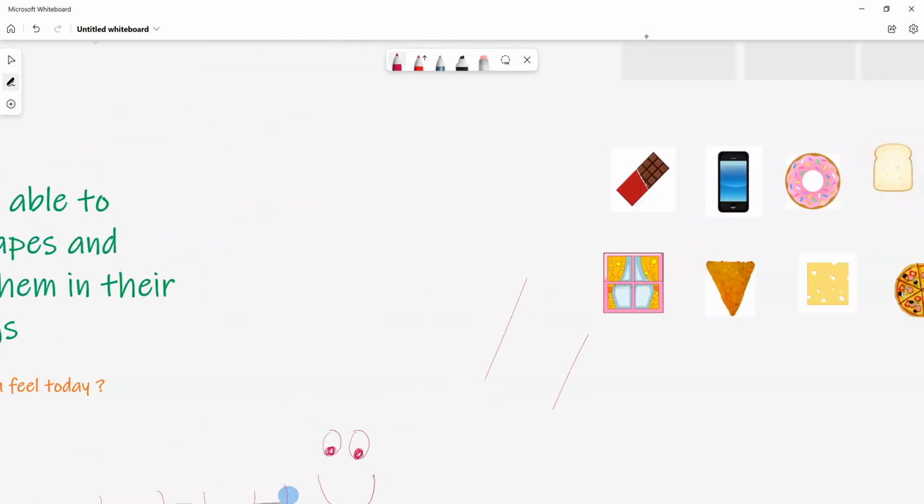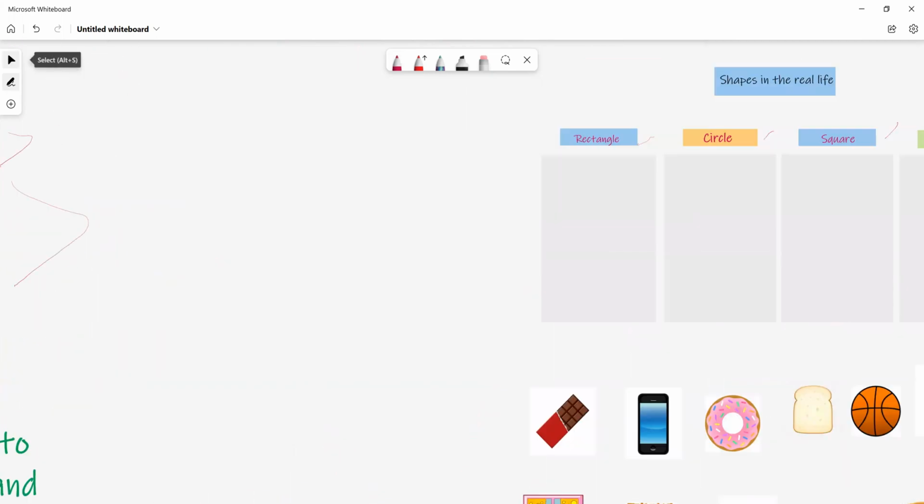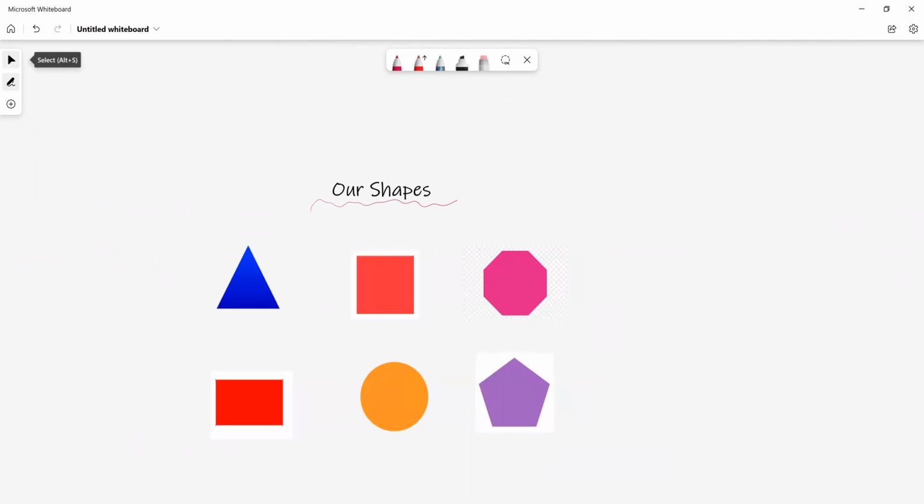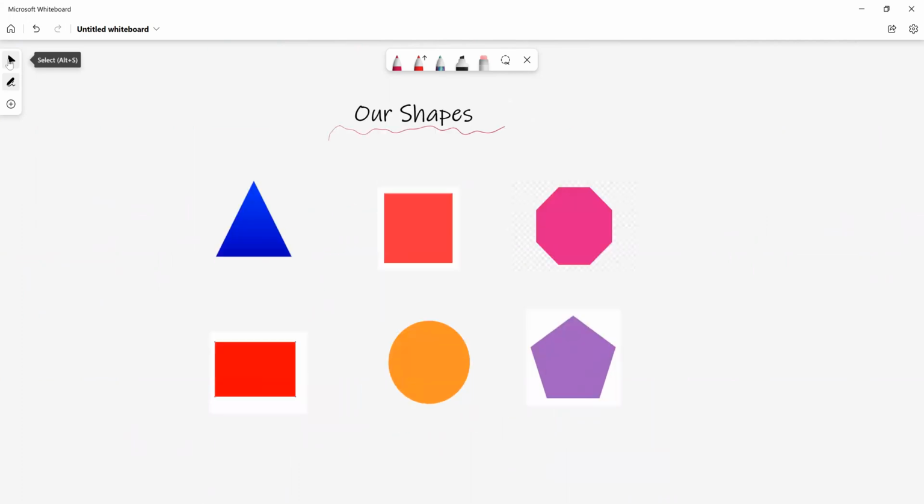Now, before we start our activities, let's review our shapes. Okay, there's many shapes, but we're going to focus on these shapes. Our first shape is our blue triangle. How many sides does our triangle have?